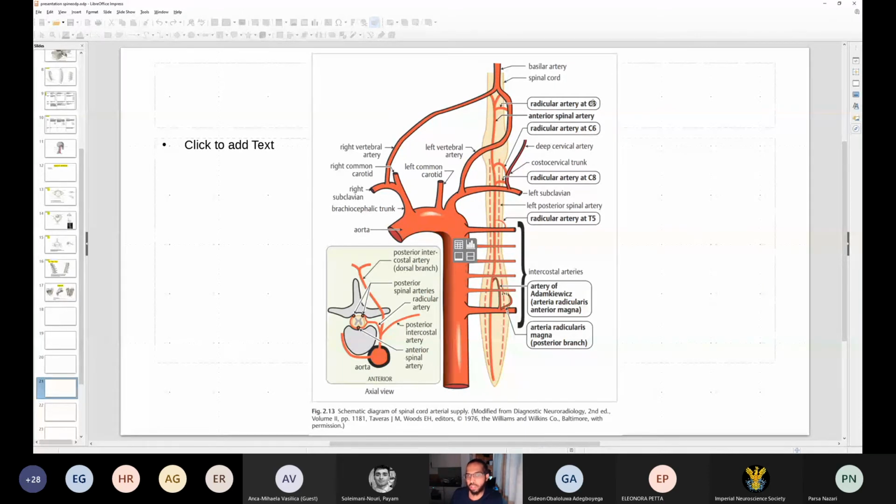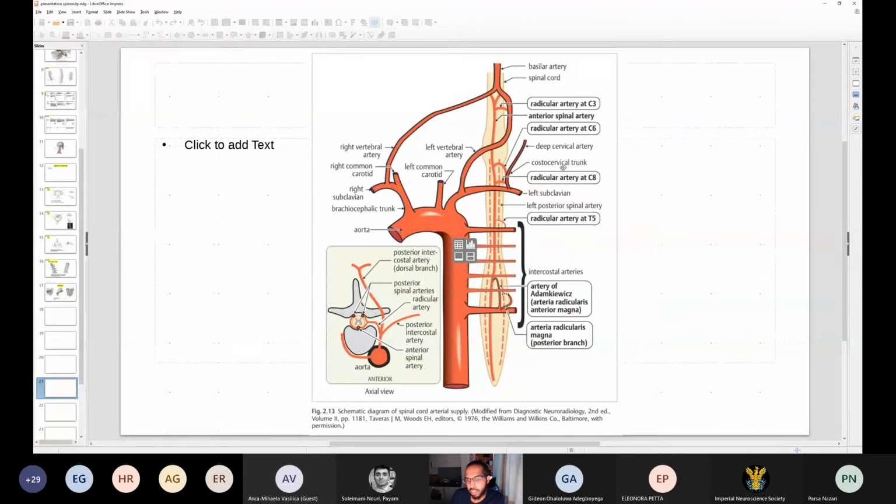This radicular artery is coming off the left vertebral artery. This one is coming off the cervical trunk. This one is a radicular artery at C8, coming off the deep cervical artery, and this is at the cervical trunk.